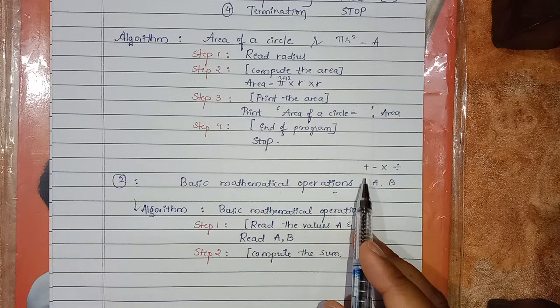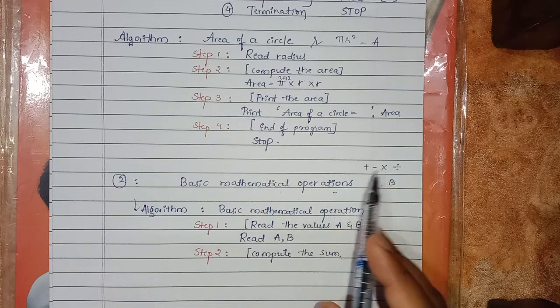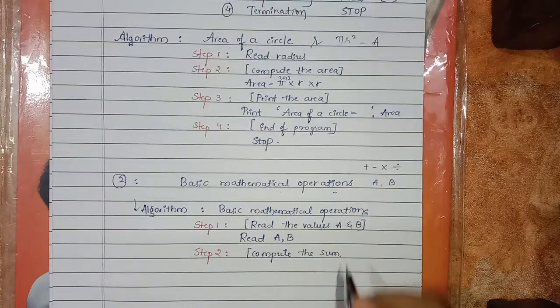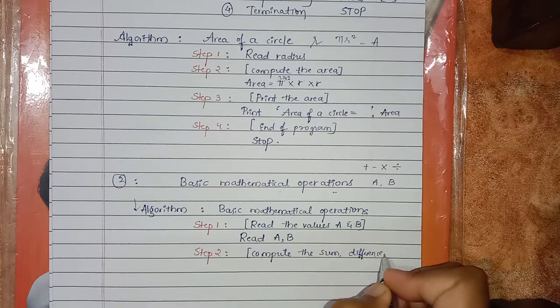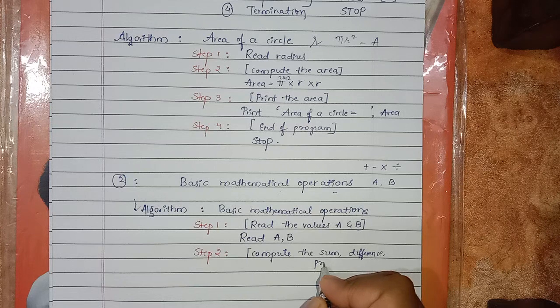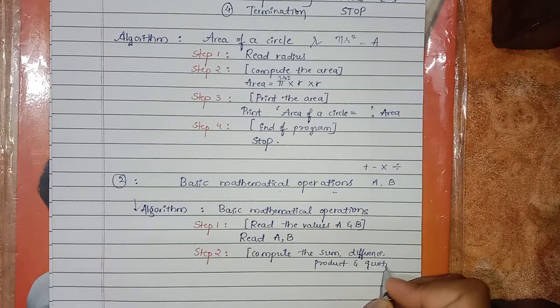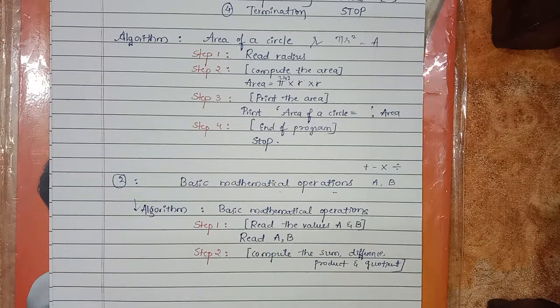They also asked subtraction also. So compute the sum, compute the difference, compute the product means multiplication, and compute the quotient, a divided by b. Understood? So this is what in terms of explanation you have written.